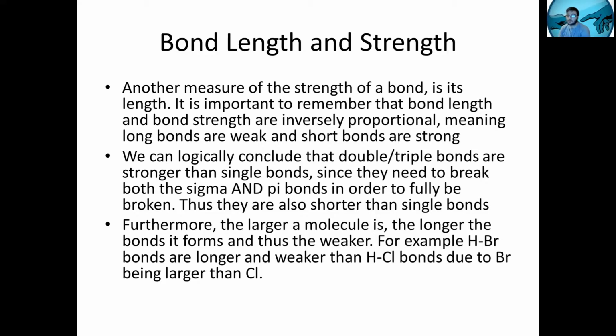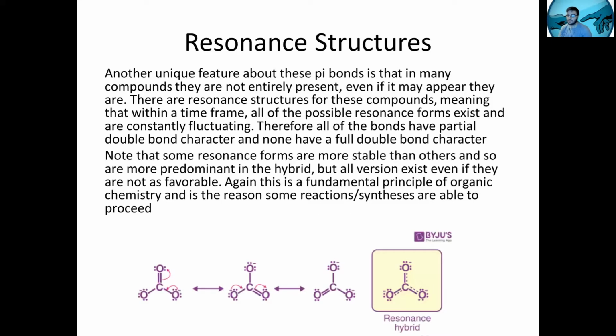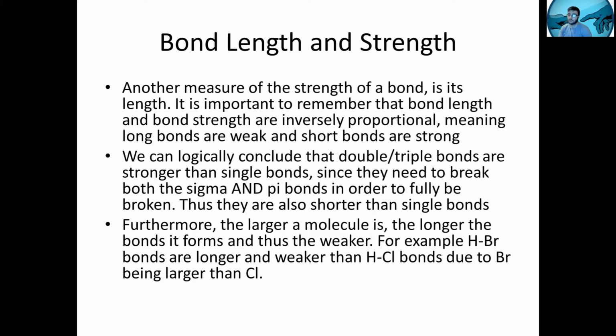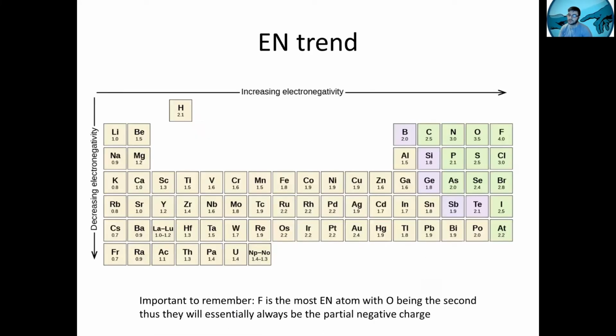And the thing is, the larger an atom is, the longer the bond it forms, and thus the weaker. For example, hydrogen with bromine, HBr, bonds are longer and weaker than HCl bonds due to bromine being larger than chlorine, right? And the way you know that bromine is larger than chlorine is by going to the periodic table.